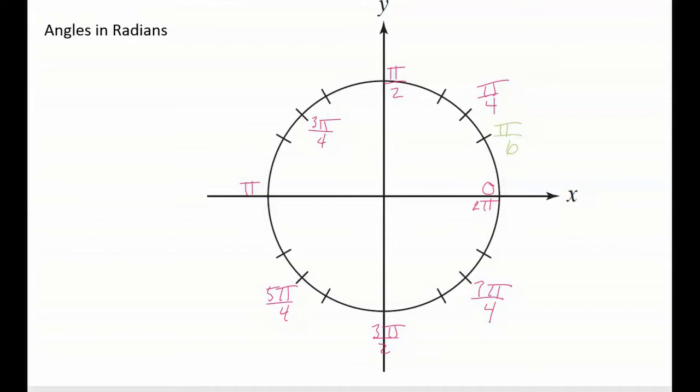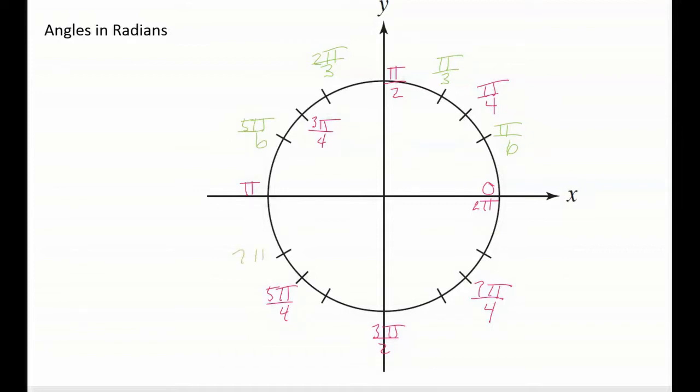This is 2 pi over 6, but that reduces to pi over 3. Now you do count this one. This is 3 pi over 6, which reduces to pi over 2. This is 4 pi over 6, which reduces to 2 pi over 3. This is 5 pi over 6. You do count this one, which is 6 pi over 6, which reduces to pi.